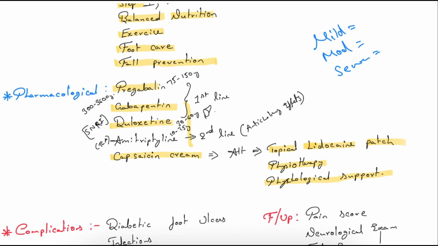In moderate cases, we have to start first line neuropathic pain medication, physiotherapy, and regular monitoring. In severe neuropathy, we have to start multidisciplinary care and prevent ulcers. Then we have to do mobility assistance and manage the complications.